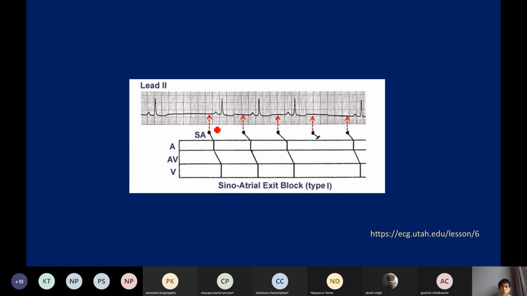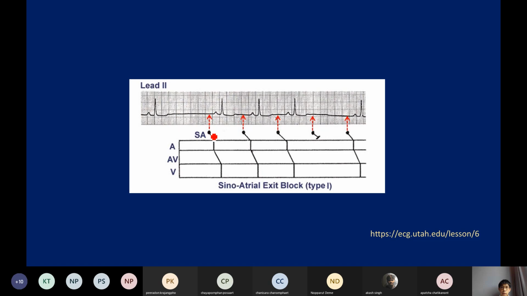Compare this to the ECG. Here is the impulse generator from the SA node, which is not shown in the ECG because the P wave is the atrial depolarization. It would show only after the impulse reaches the atrium.